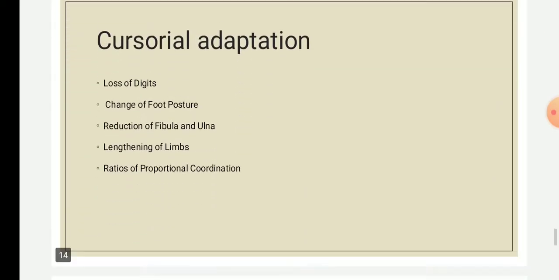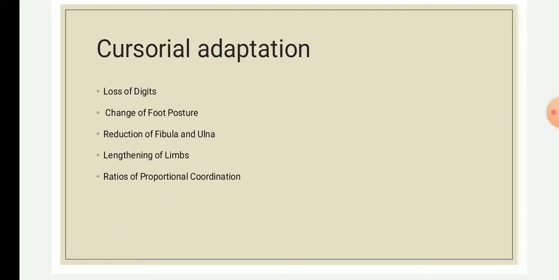Then next is the cursorial adaptation. So what is cursorial adaptation? It means adaptation acquired for speed, or it is also called speed adaptation.